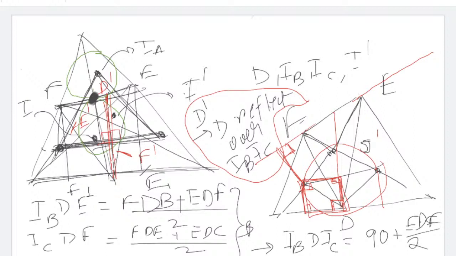Okay, wait. One, one, two, three, three. Hmm. Okay, we seriously need new ideas.